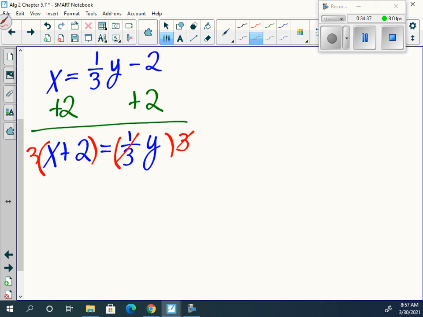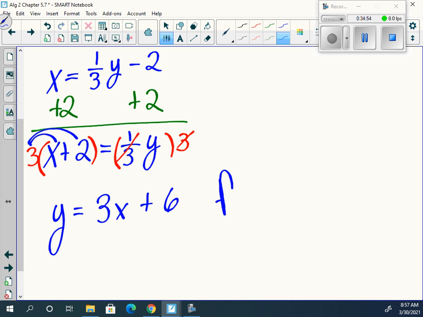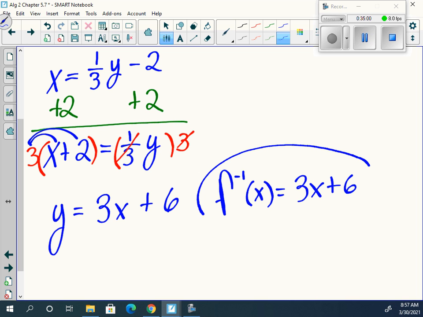And if we multiply this by 3, right, we would distribute. 3 times x would be 3x, and 3 times 2 would be plus 6. And we get this here. Questions on this here?